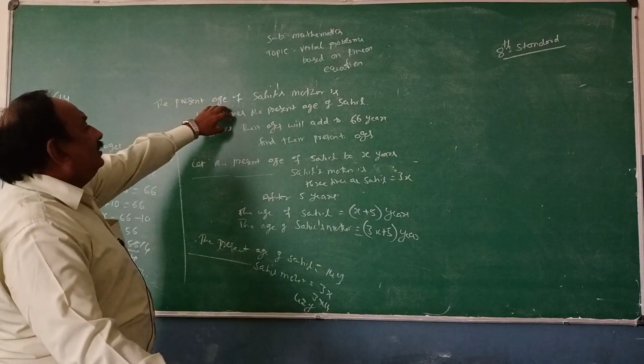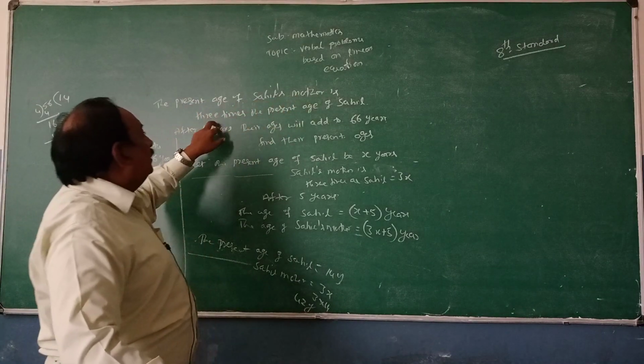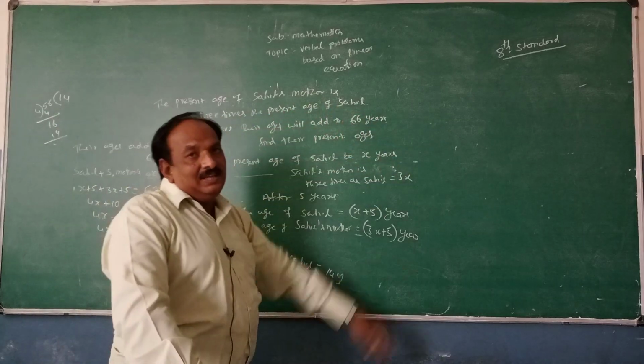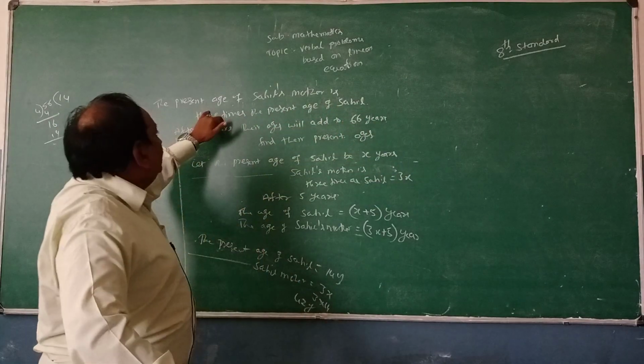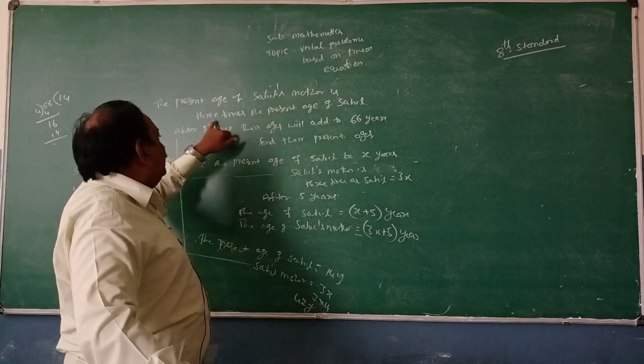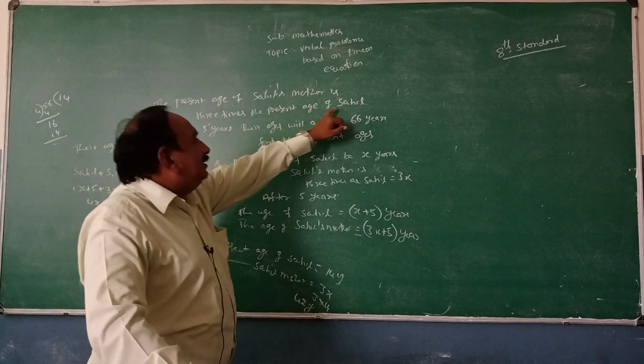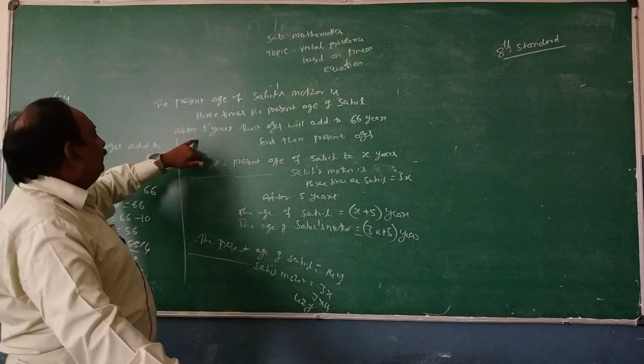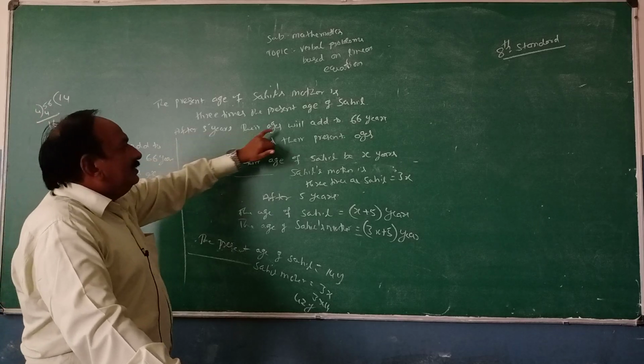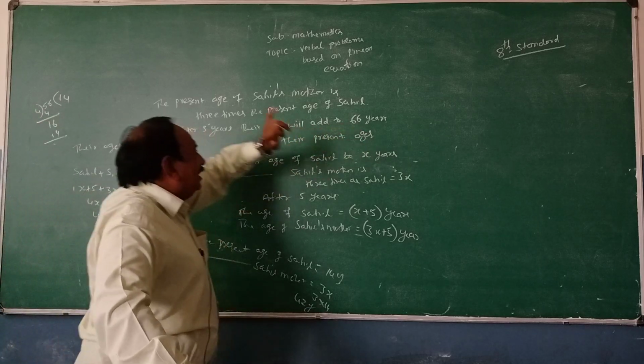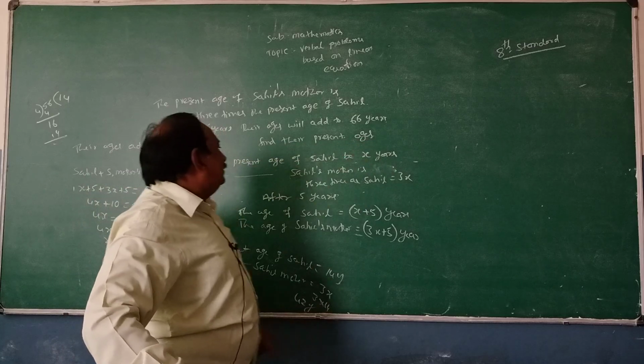The present age of Sahil's mother is 3 times the present age of Sahil. After 5 years, their ages will add to 66 years. Find their present ages.